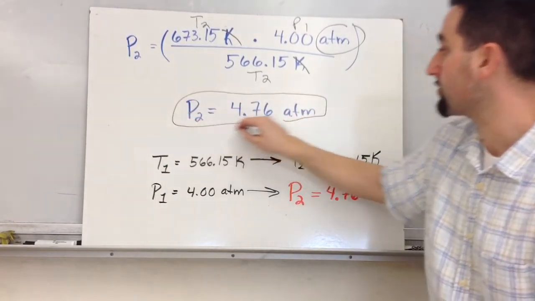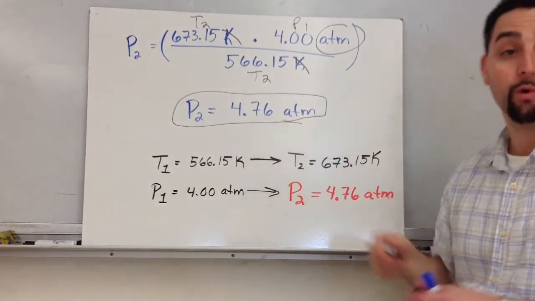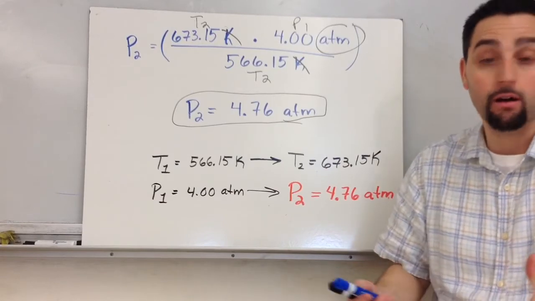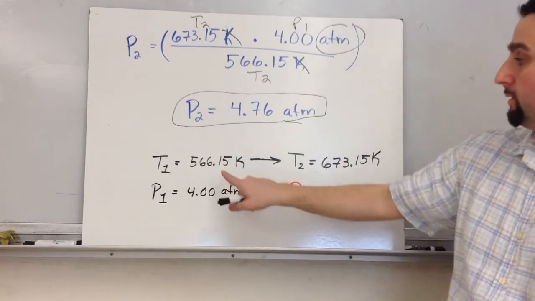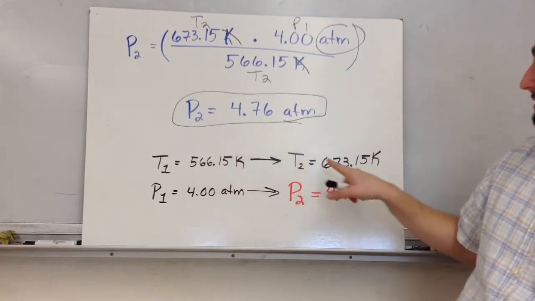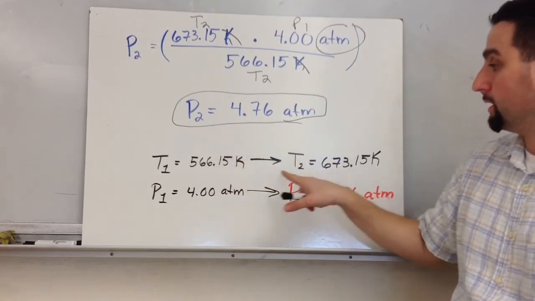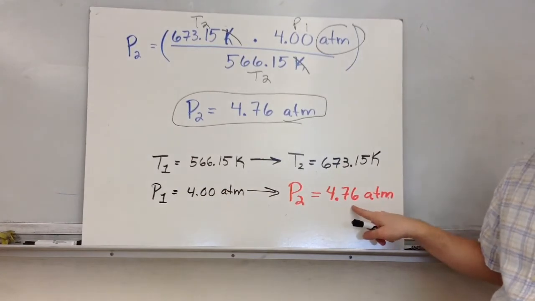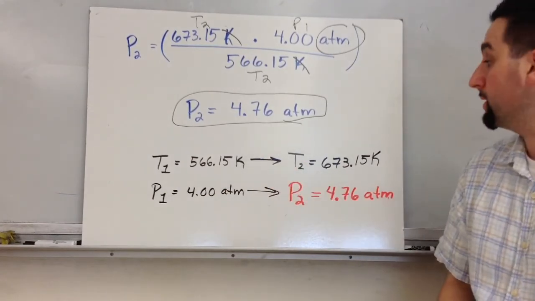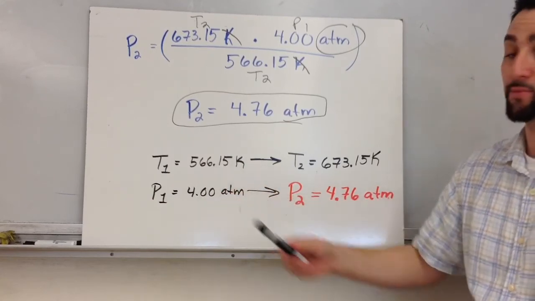And our final pressure is going to be 4.76 atm. Now, does it make sense? Should our pressure go up? Well, our temperature went up from 566 to 673, so our pressure should do the same, right? Our pressure increases because there's a direct relationship between temperature and pressure.